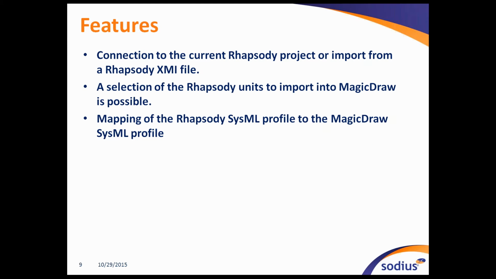You can do a selection of the Rhapsody units to import into MagicDraw. You can, for example, import only one package or one class, etc. And also the mapping of the Rhapsody SysML profile to the MagicDraw SysML profile is done.